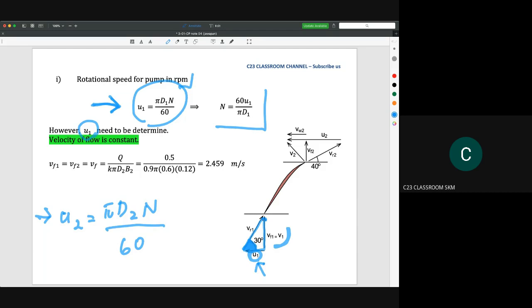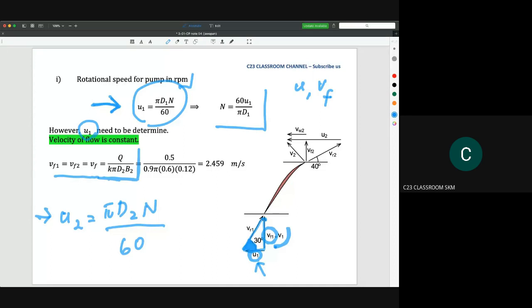Okay, so from this velocity triangle, VF1 here is quite simple, because VF has its own equation. Please remember there are only two equations that you need to remember. One is U and another one is VF.